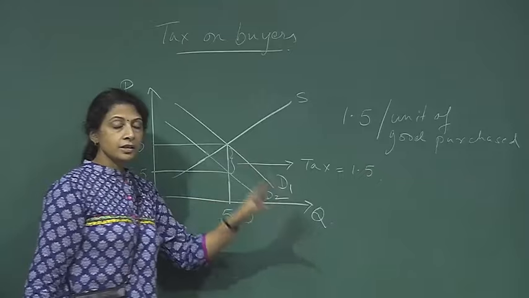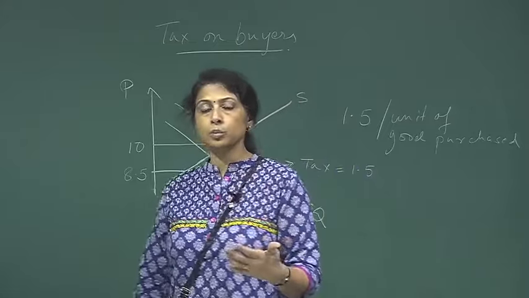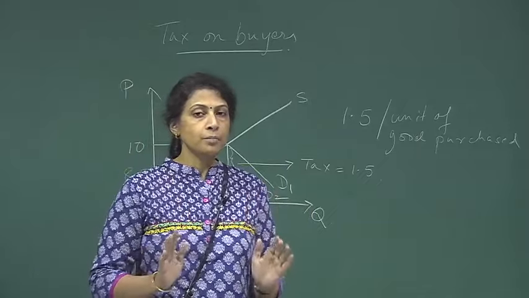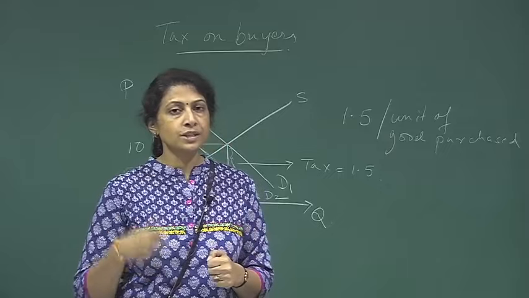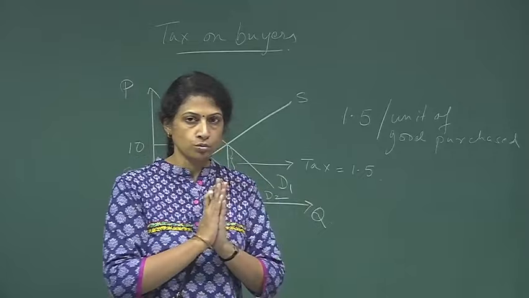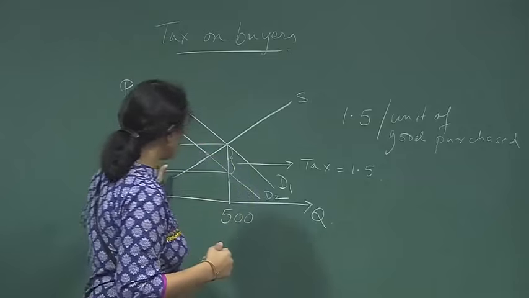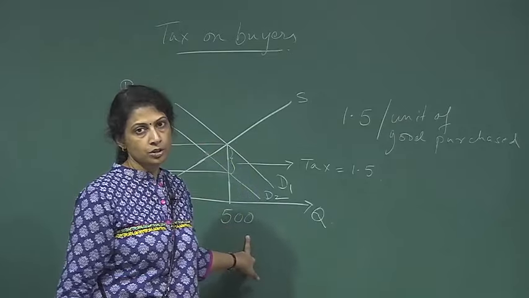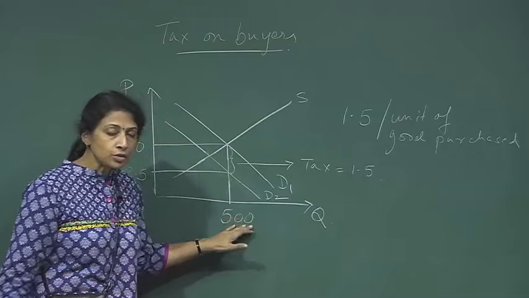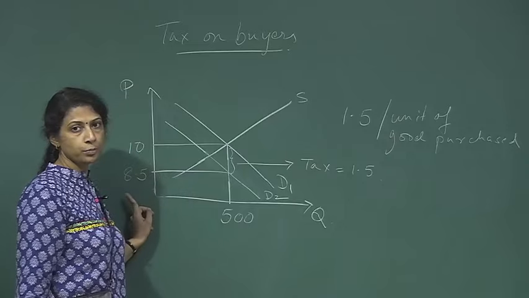The buyer would like to continue to consume the same amount of output at the same price. Price means how much he is paying out of his pocket. He is not concerned who that money goes to. He just knows that if he takes out 10 rupees from his pocket, he should be able to purchase 500 units.